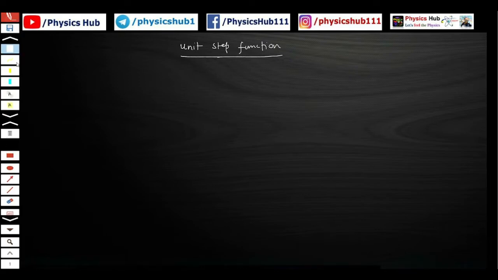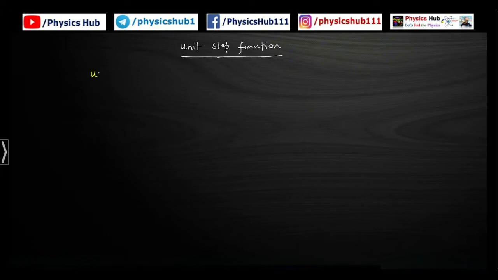If we take a function, let's say u of t minus a, this will be equal to 0 for t less than a, and it is 1 for t greater than or equal to a. You get such a thing.